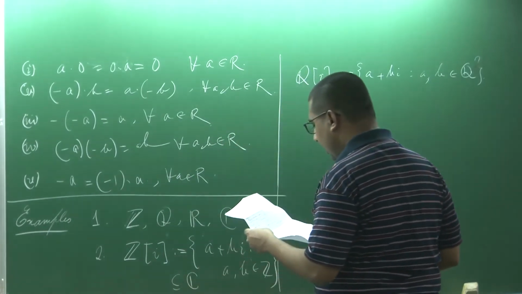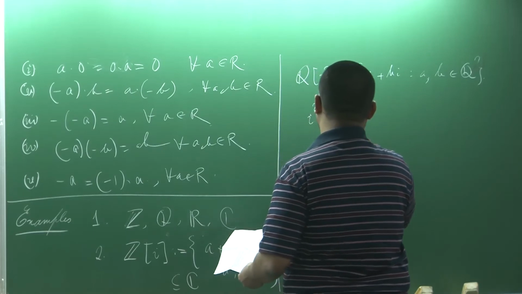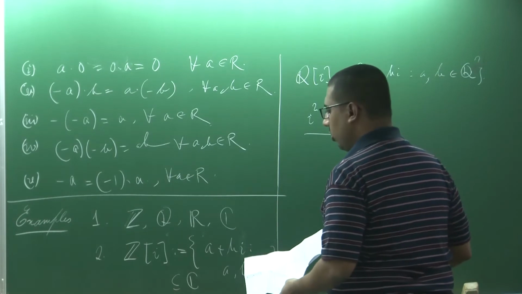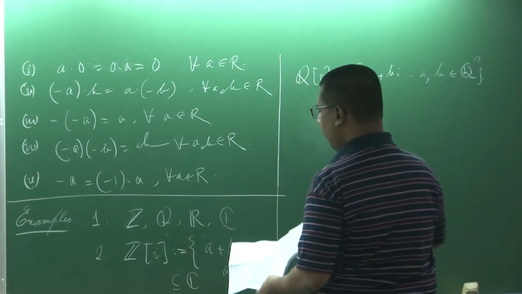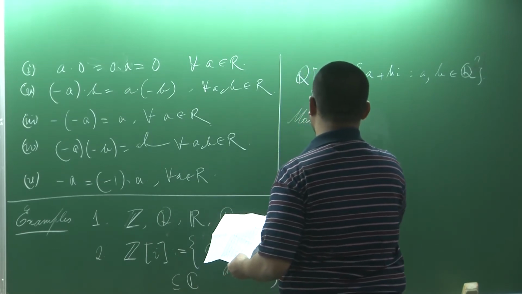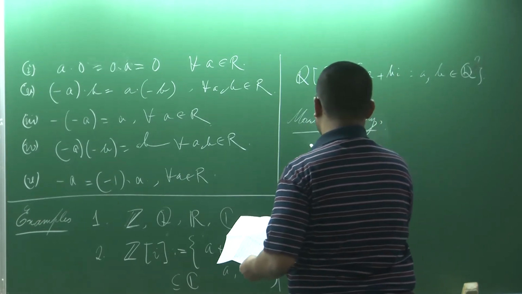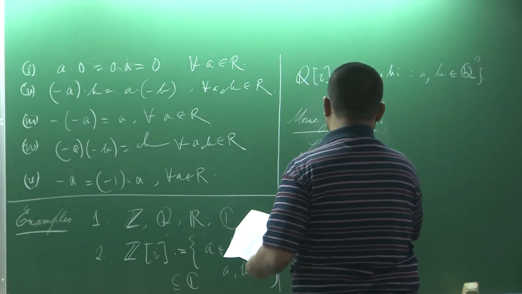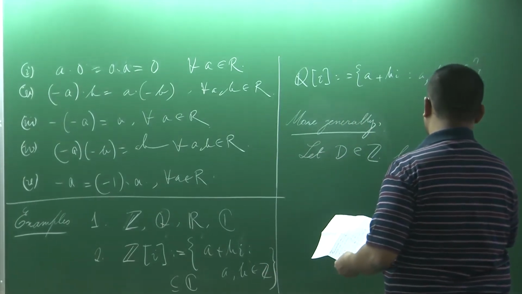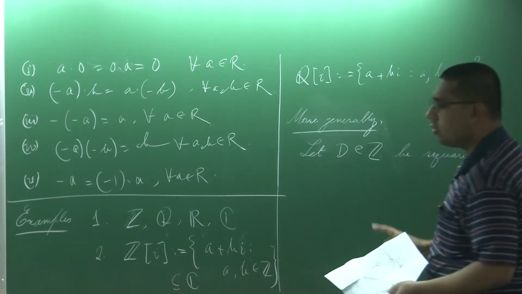In fact, more generally, so what is i? i is nothing but a complex number whose square is minus 1. More generally, let D be a square free integer. What does that mean?